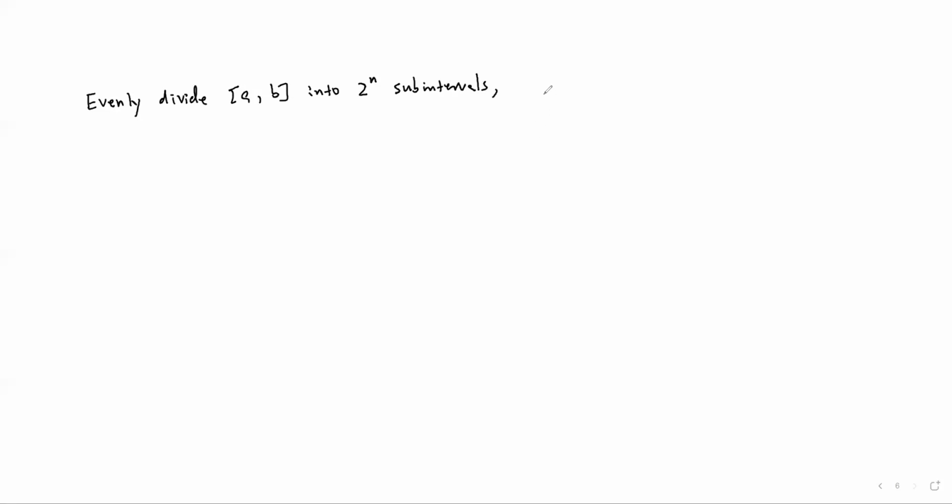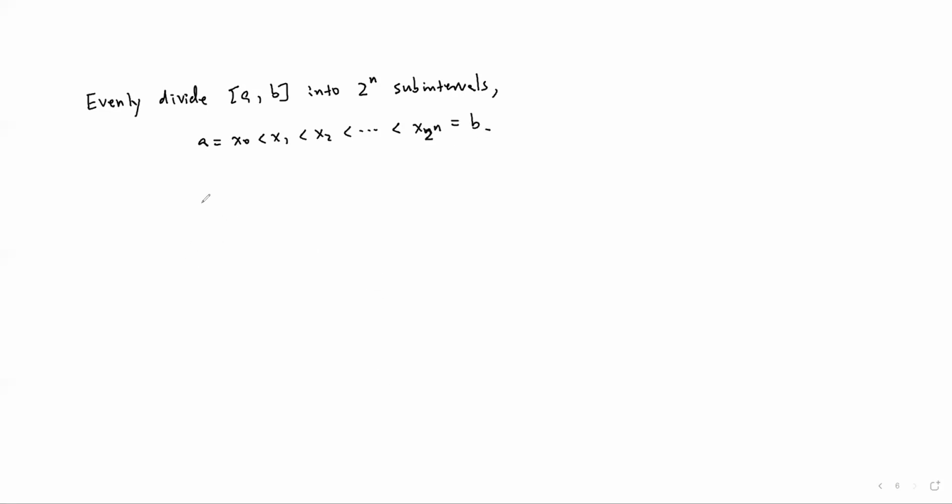Assume the partition points are x0, x1, x2, and so on, up to x_{2^n}.